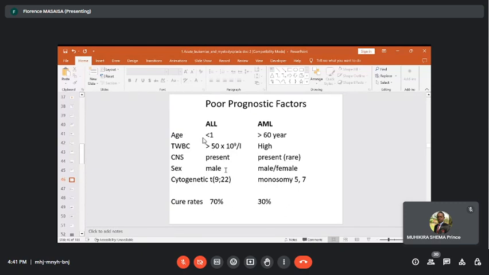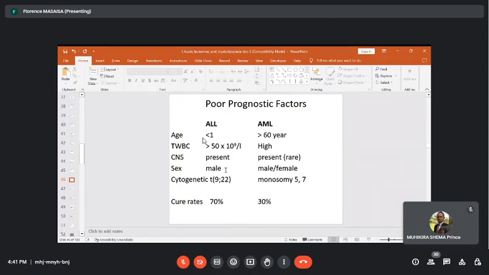So what else do we have to say on prognostic factors comparing AML to ALL? In ALL, age below 1 year is poor prognosis, and in AML, age above 60 is a factor of poor prognosis. When the total white blood cell count is above 50 in acute lymphoblastic leukemia, or high in AML, it is poor.